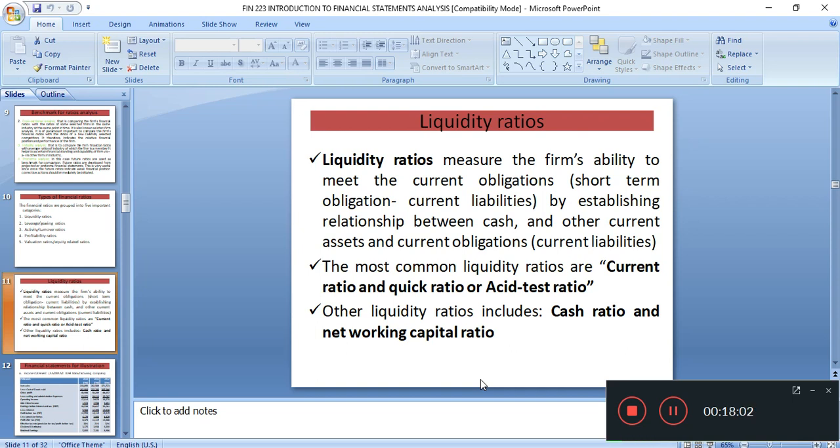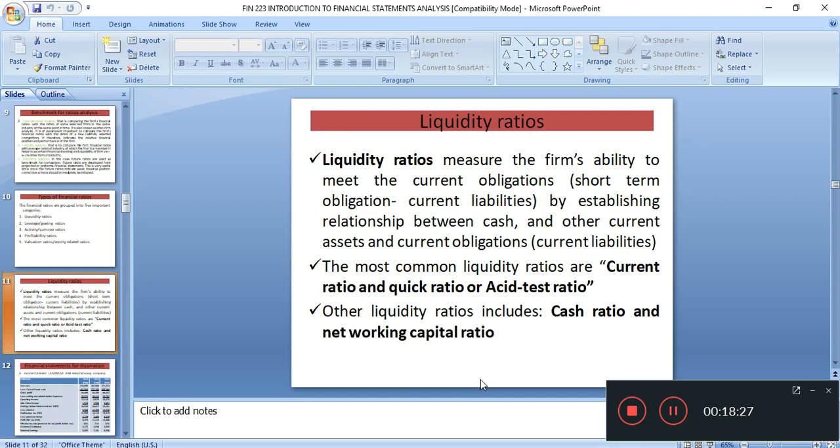When you are going about the liquidity ratios, here they measure the firm's ability to meet its current obligations. As I have said, we look at short-term obligations and current liabilities by establishing a relationship between cash and other current assets and current liabilities.